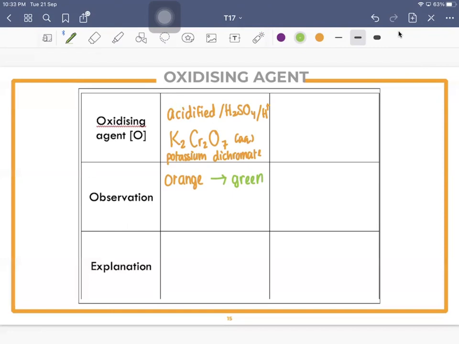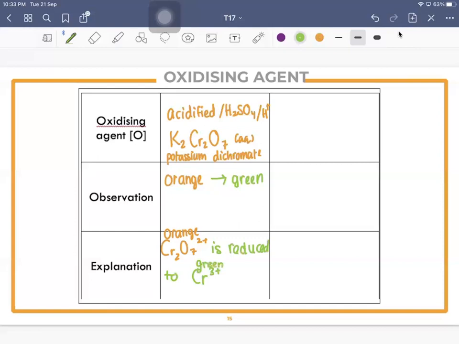So it has to be a redox reaction, one species being oxidized, another being reduced. In this case, the dichromate ions, Cr2O7, which is orange and responsible for the orange color in potassium dichromate, is reduced to chromium 3+, which is green.